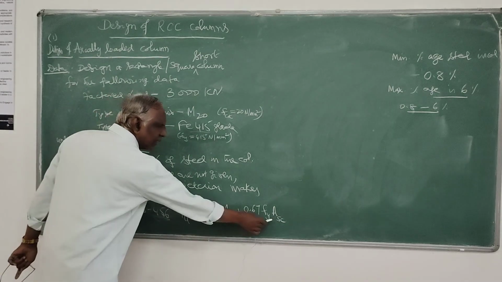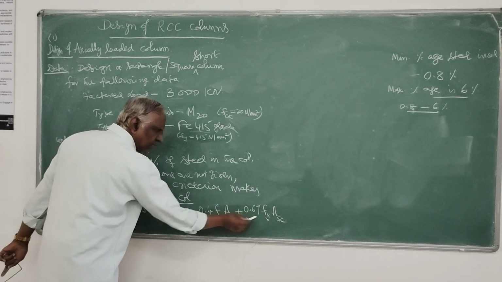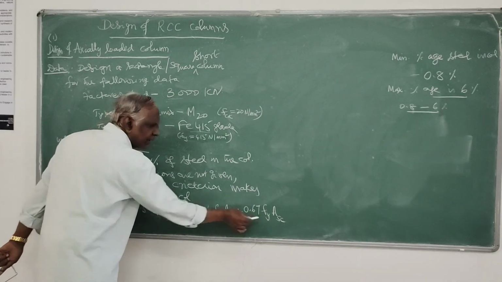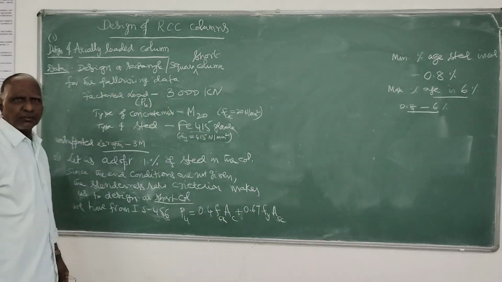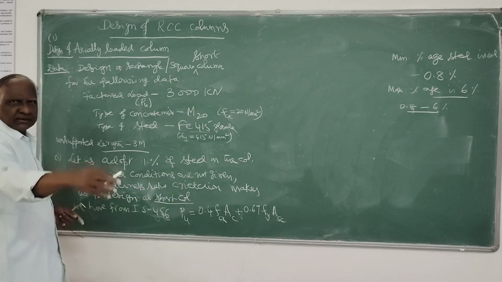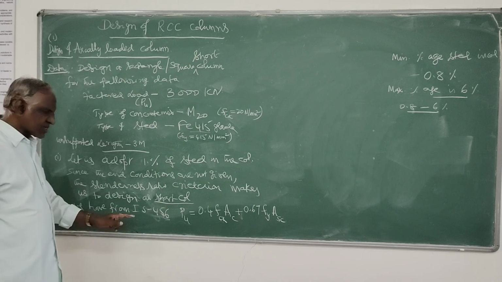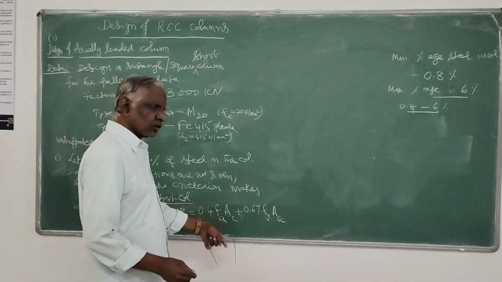These are the grade of concrete, grade of steel, area of concrete, and area of steel to be provided. You can use it to start with. Pu is equal to this.